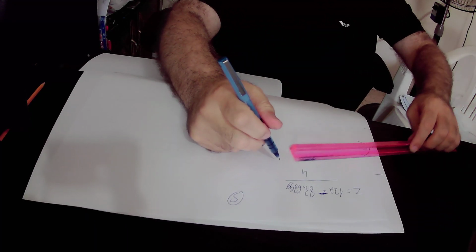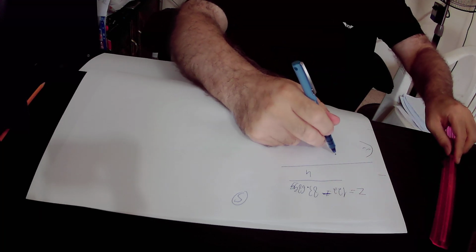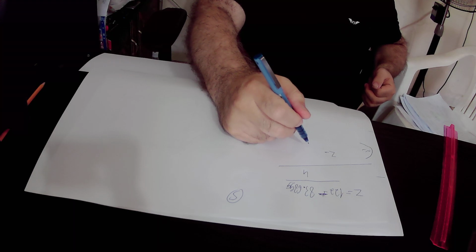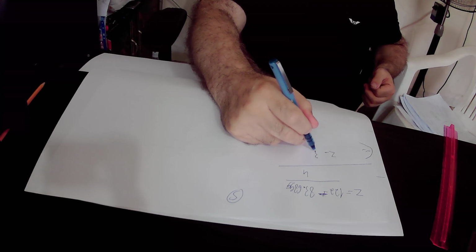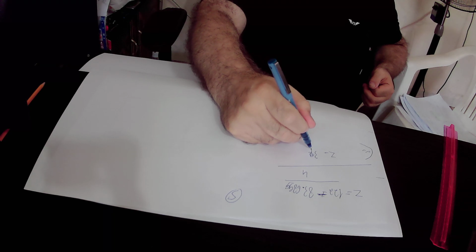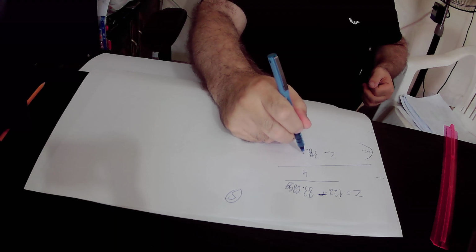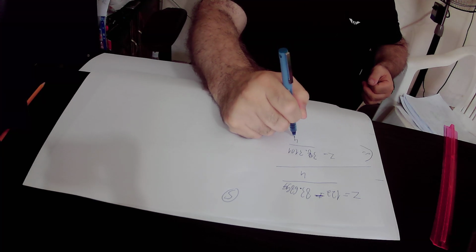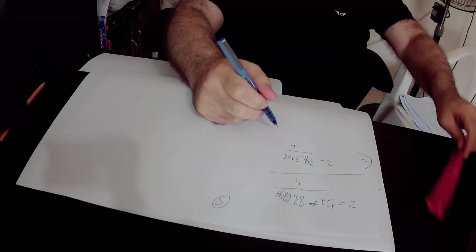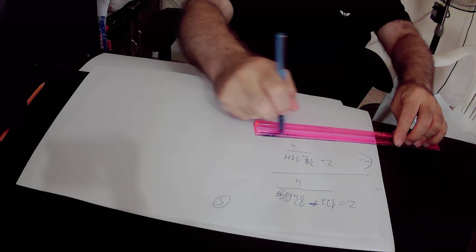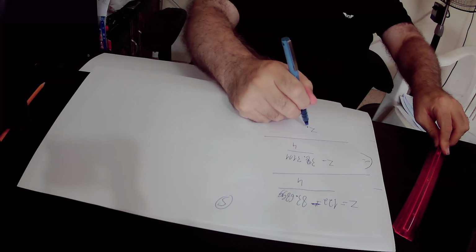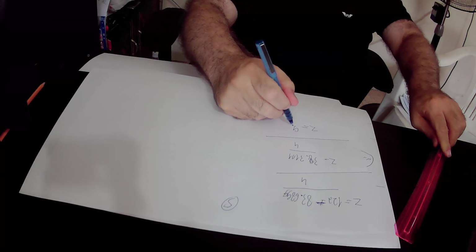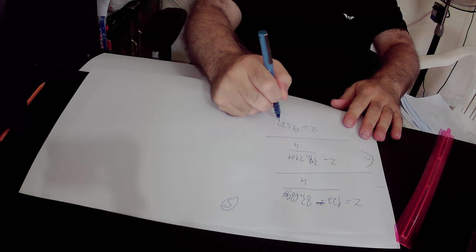So here 122 minus 83.6899 is 38.3101, and if we divide it by 4, we'll get that z is equal to 9.5775.